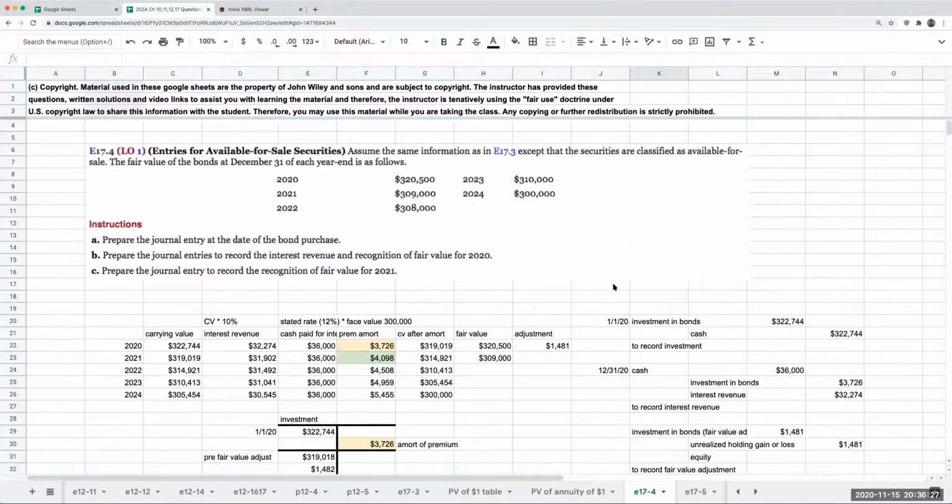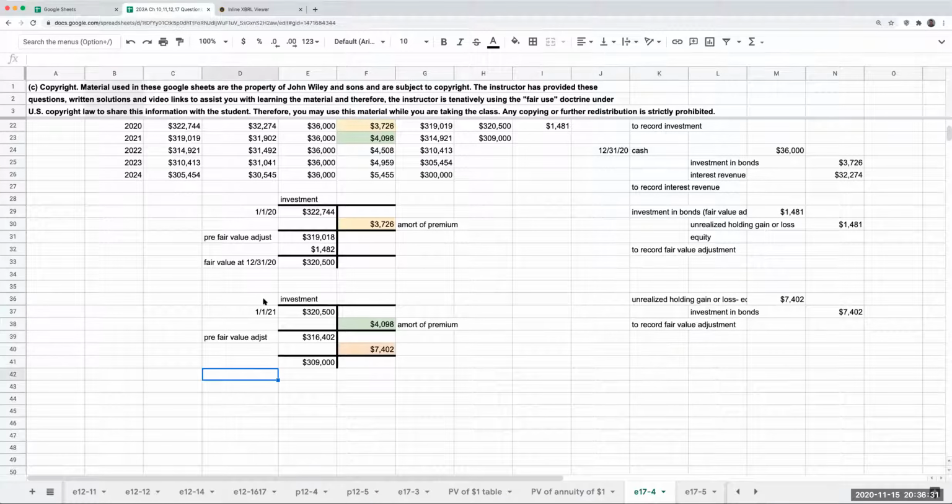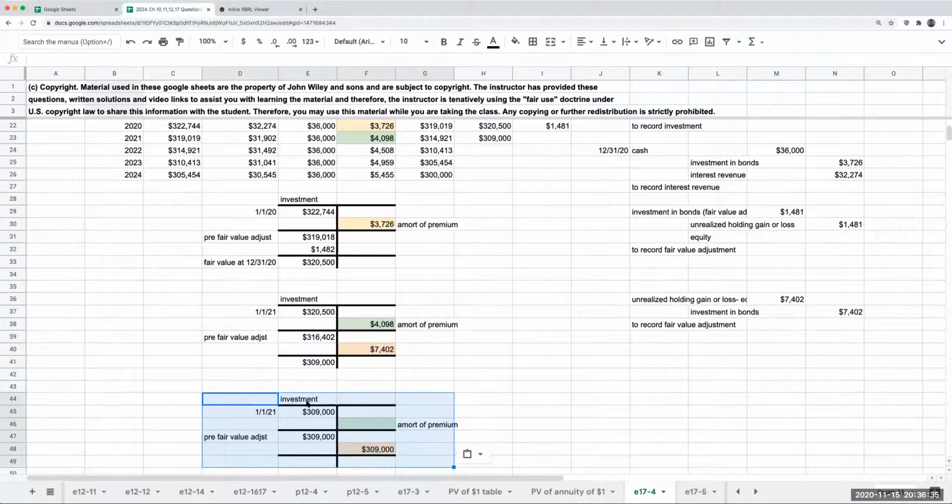Now let's do 2022. That sounds like fun. We're now going over here to my investment. At 1/1/22, my ending becomes my beginning.